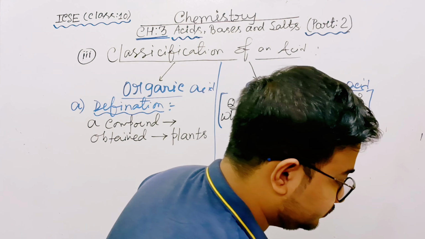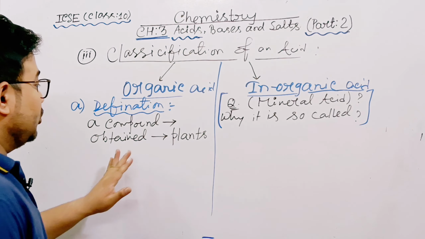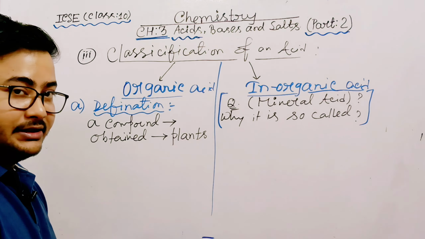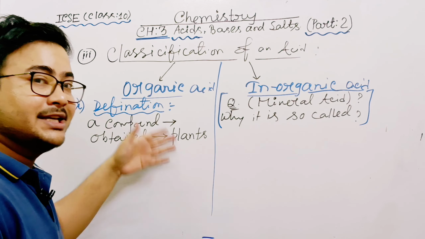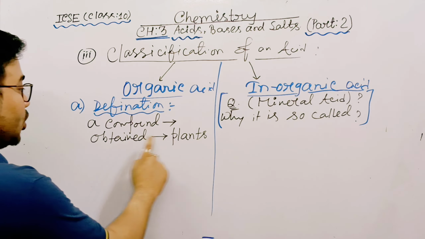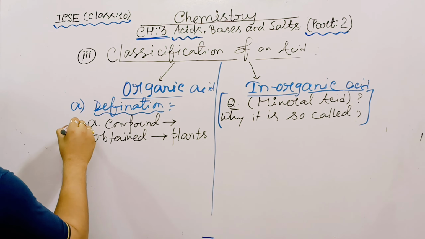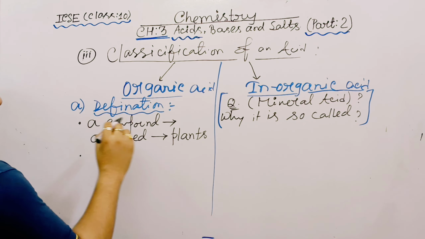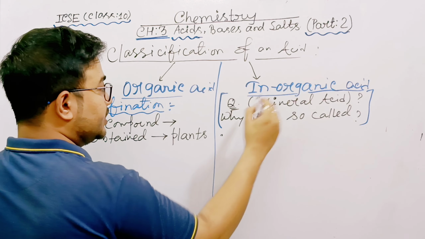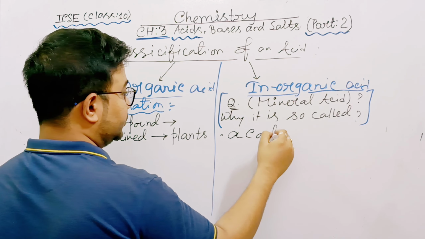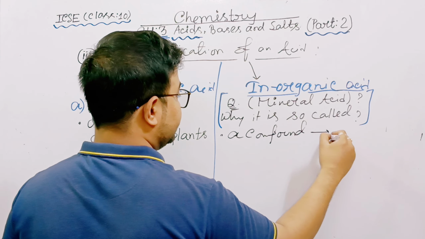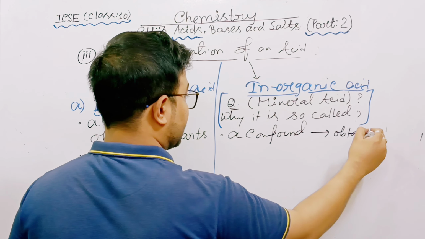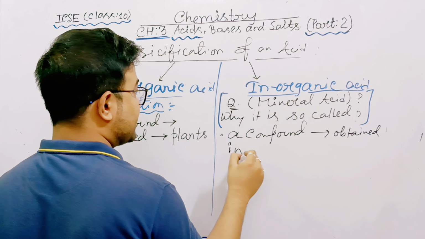First I give the points, you join the points and make the definition. A compound obtained in plants. And this inorganic acid is a compound that is obtained in mineral.